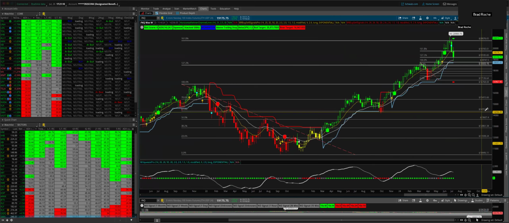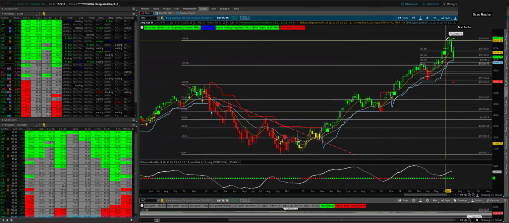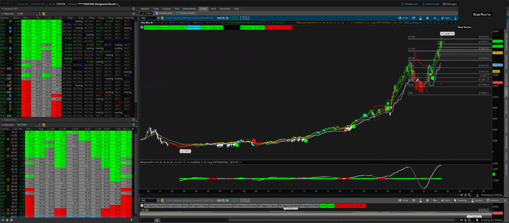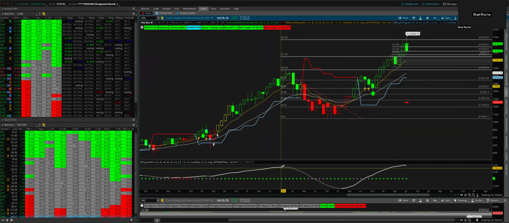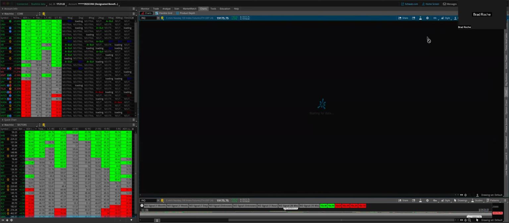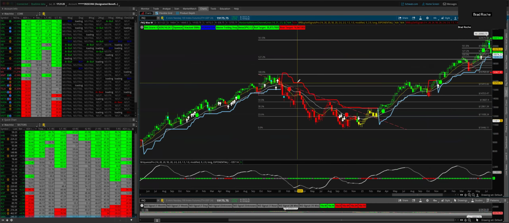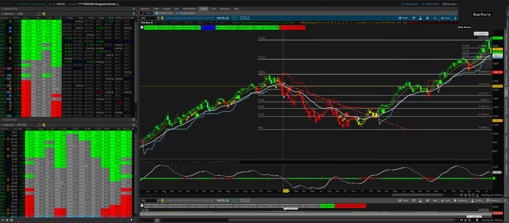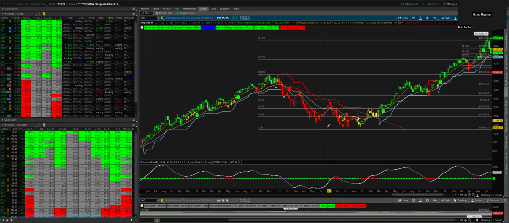We look at the weekly time frame here. Once the monthly squeeze kind of ran its course and ran out of energy, then we broke the trailing stop on the weekly and had a move down.